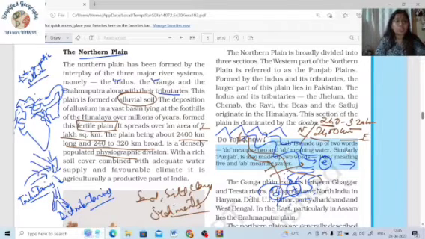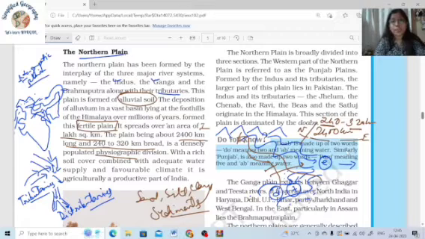Making road connectivity and railway tracks is very easy because the land is not rugged like plateau, hilly or mountainous terrain. With a rich soil cover combined with an adequate amount of water, we also get a favorable climate. So all of these make the riverine plains or the northern plains very favorable for living.